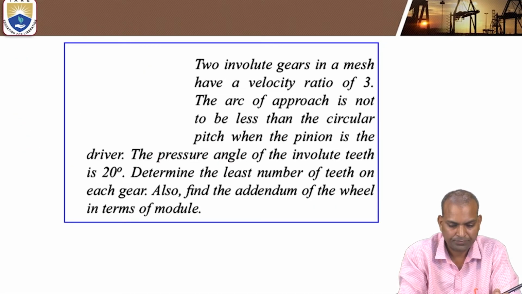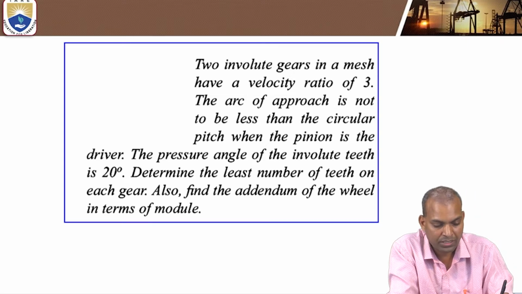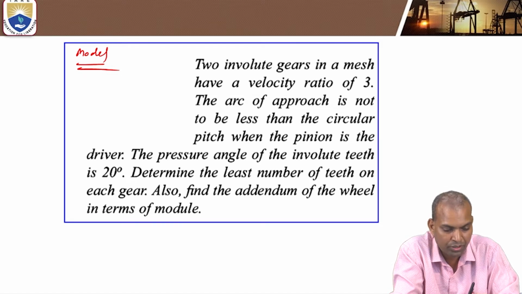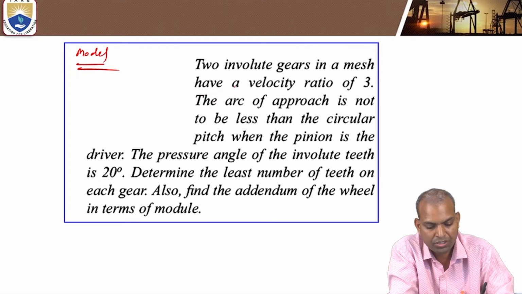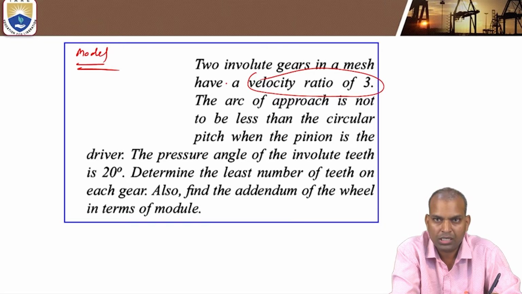So next problem, that next model: two involute gears in a mesh have a velocity ratio of 3. Again here, velocity ratio of 3. The arc of approach is not to be less than circular pitch.